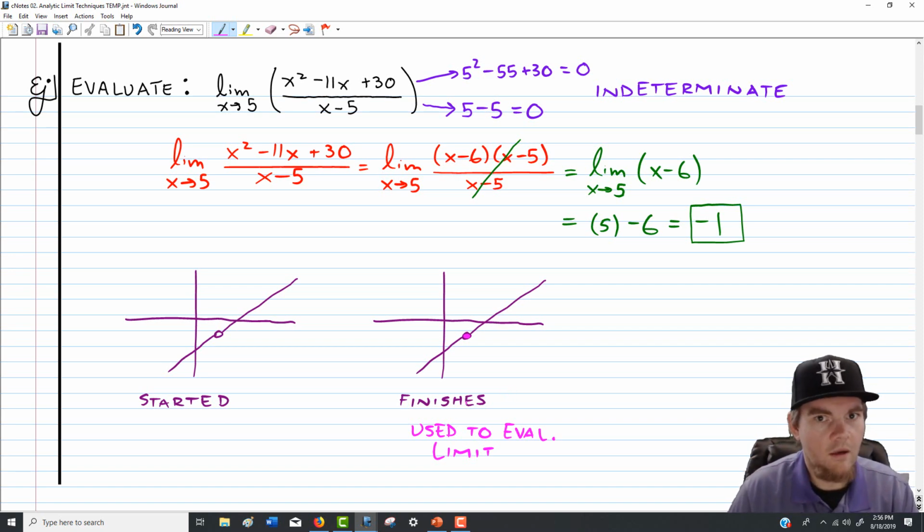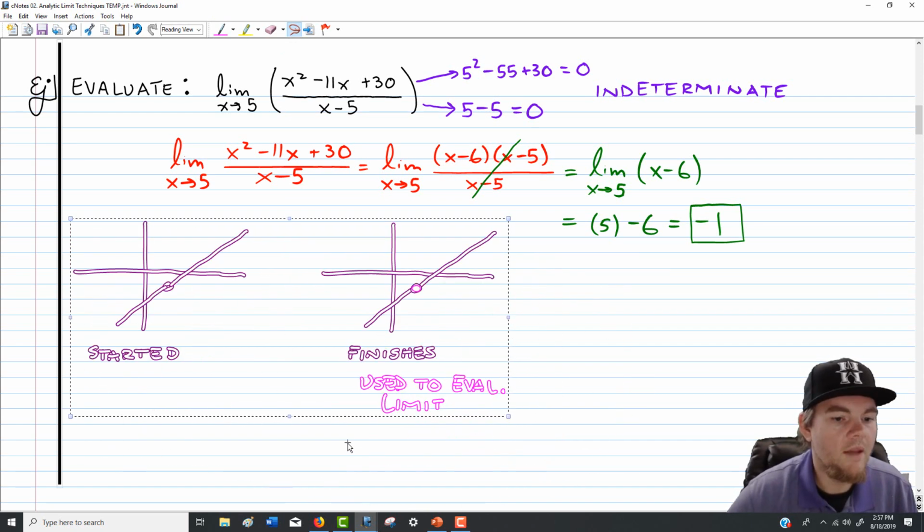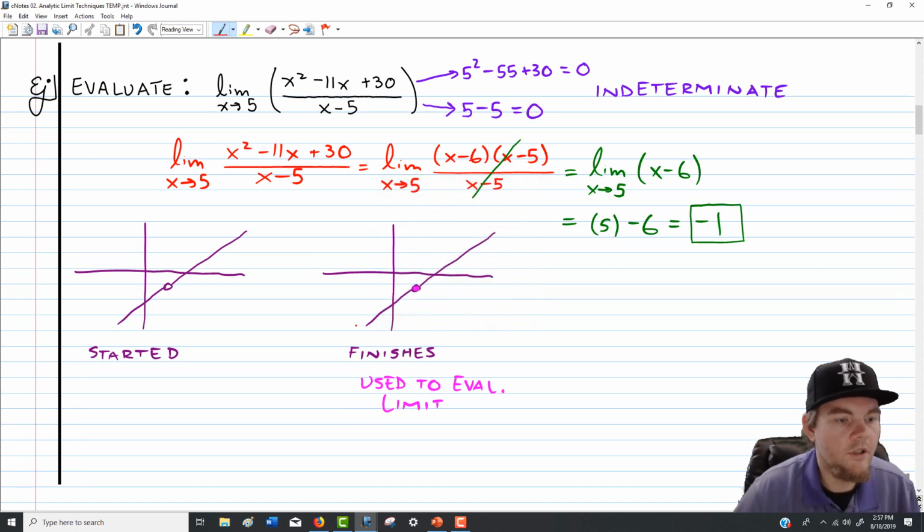So what's really happening here, the mechanic of it, is we're finding a function that is, in general, the same as the original one, but no longer has that prickly spot that causes all the problems. And if you wanted to see this algebraically, you could think about it this way. The left function is our traditional one. This is what we'll call f of x equals x squared minus 11x plus 30 all over x minus 5.